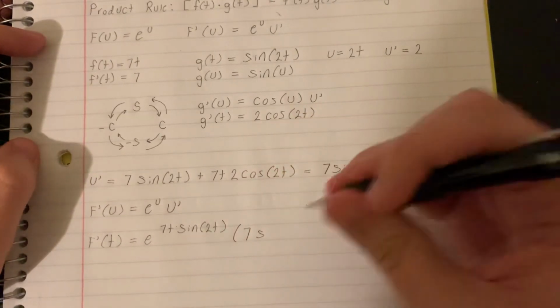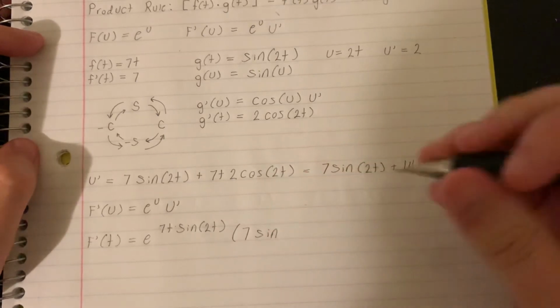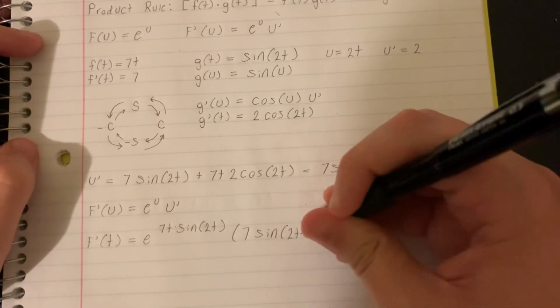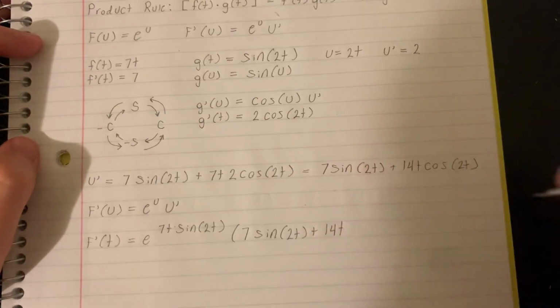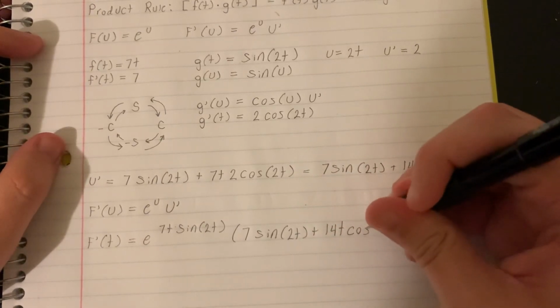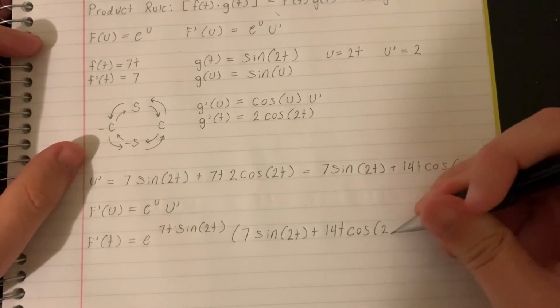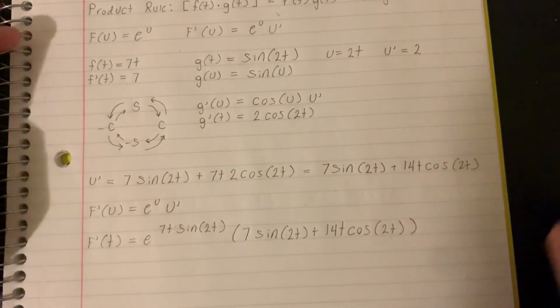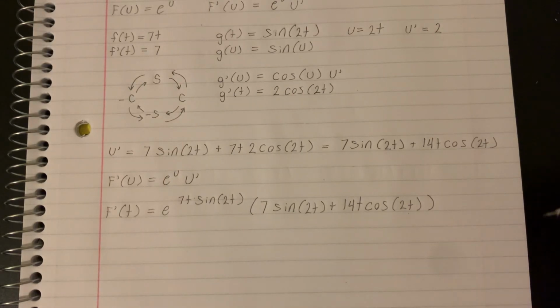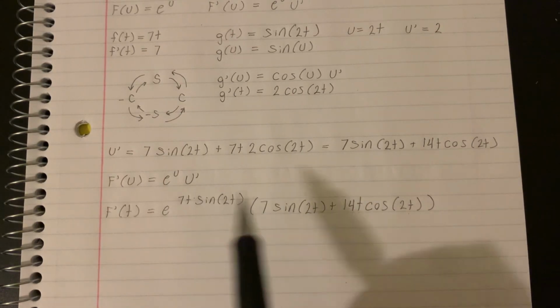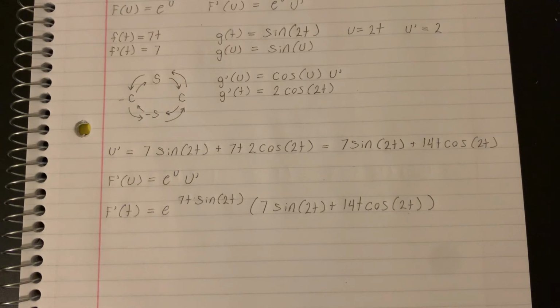So u prime is 7 sine of 2t plus 14t cosine of 2t. And just like that, there's our answer. Now you're going to have to resist the urge to distribute this through everything because we don't actually need to do that. This right here is a perfectly acceptable answer.